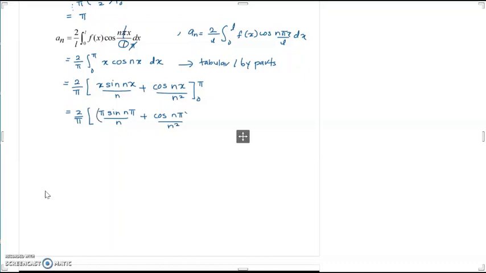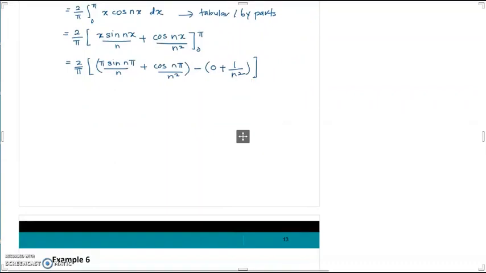This is when x equals pi, minus when x equals 0. When x equals 0, the first term is 0, plus cos nx, so we have cos 0. Cos 0 is 1, so 1 over n squared.